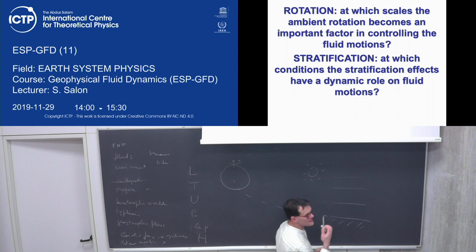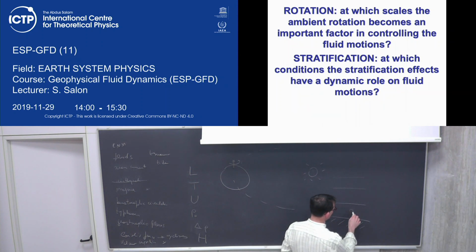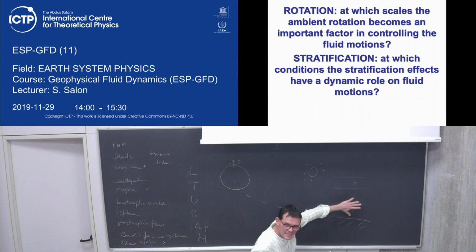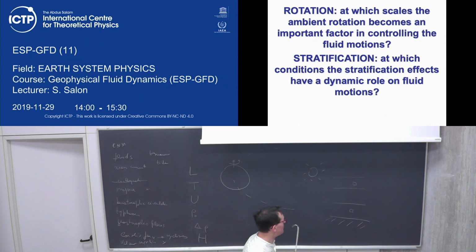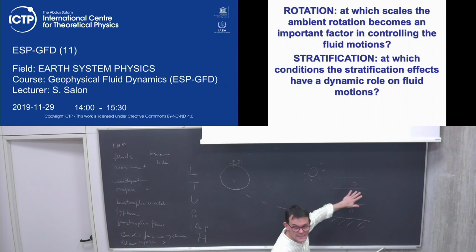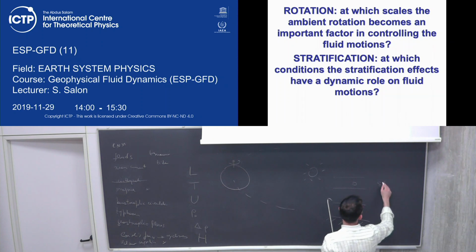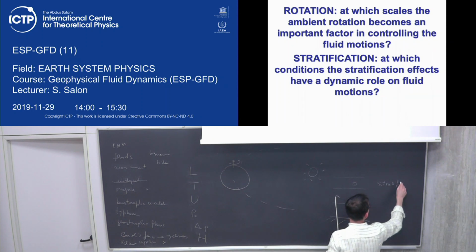Naturally, a parcel which stays here will be denser than a parcel that stays here. If I don't do anything, like during fog conditions, you have very still, immobile air, also in the water, where it is even more difficult because you have to spend a lot of energy. If nothing is done, it remains like this, and we call it stratified flow.